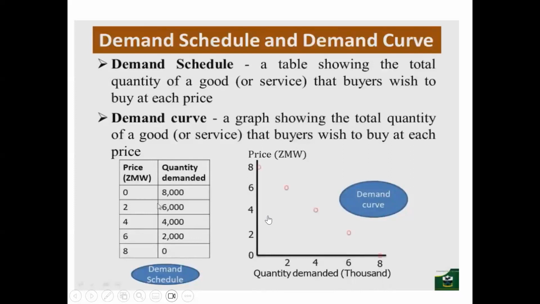And these, if we plot them, then our data points will look like that. Joining these points together gives us the demand curve. Hence, the demand curve for a product shows that there is an inverse relationship between the price of a commodity and the quantity demanded of it. The higher the price, the lower the quantity demanded, as postulated by the law of demand.